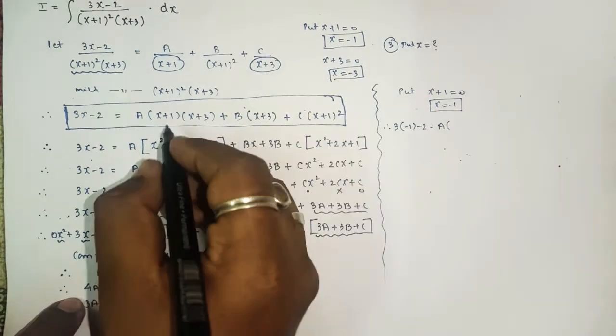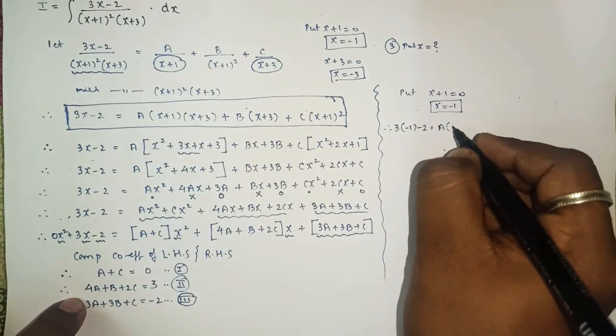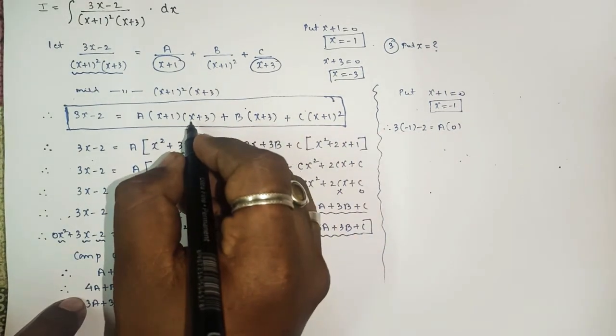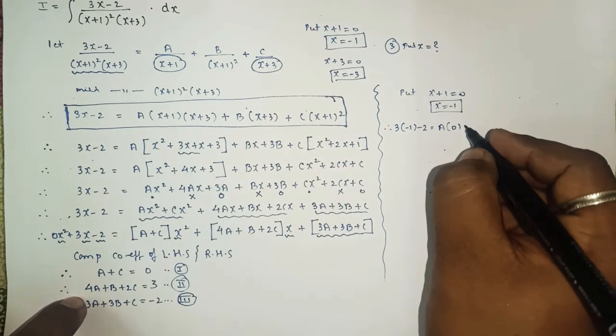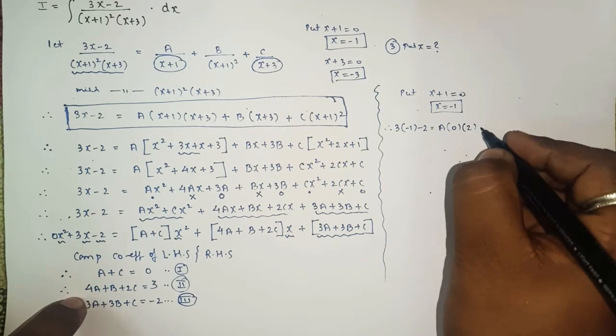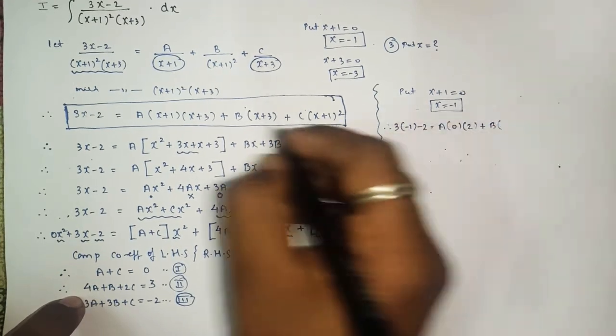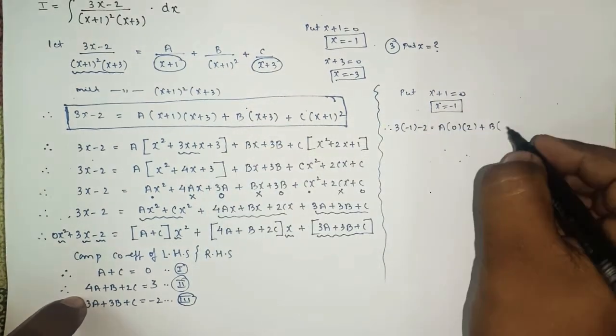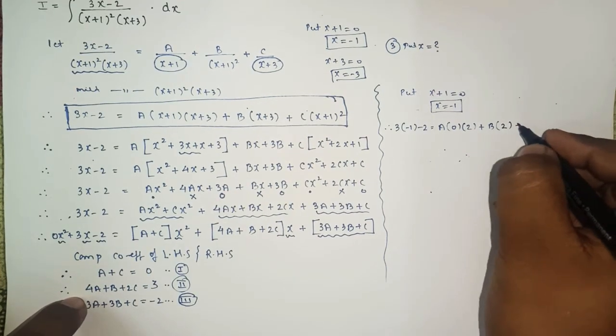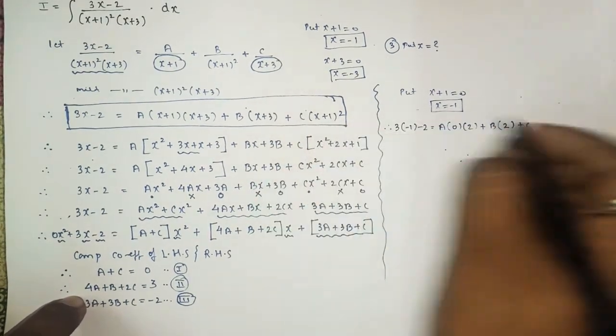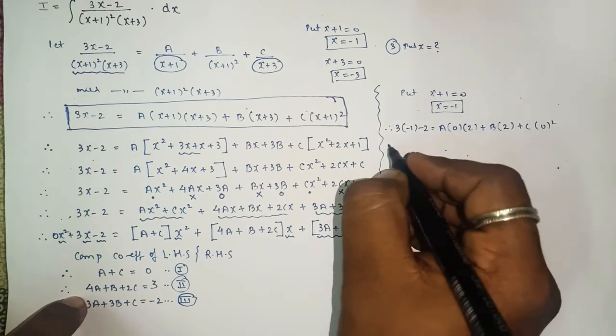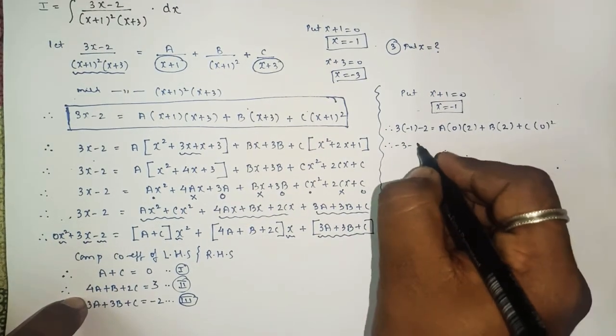So this minus 1 plus 1 will be 0. Minus 1 plus 3 is 2. So here minus 1 plus 1 will be 0. So here you will get minus 3 minus 2.